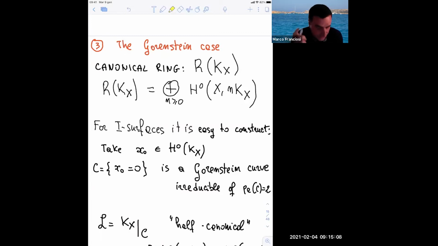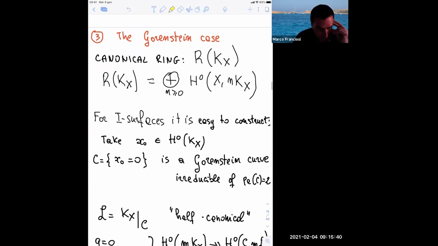And for Gorenstein stable surfaces, it is easy to construct. Indeed, a canonical curve is irreducible of genus 2, and it is Gorenstein in this case. We have K_X squared equal to 1, so this means that we have an irreducible curve and a section.